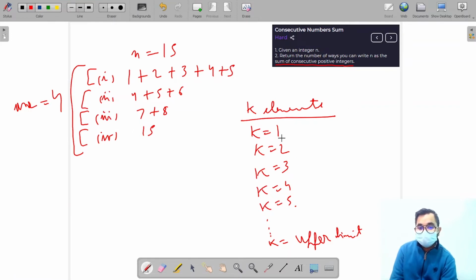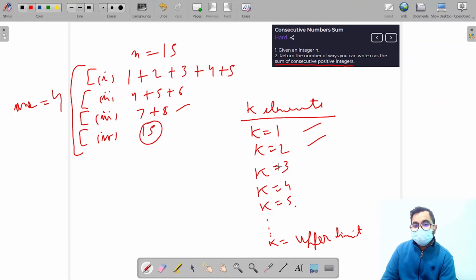So for example, for k equal to 1, meaning a consecutive positive integer sequence in which only one element is present, is it possible to have the sum as 15? Yes, it is true, because we have 15 here. For choosing only a two-element sequence, is it possible to create 15? Yes. If we choose a three-element sequence, can we create 15 by their sum? Yes, we can.